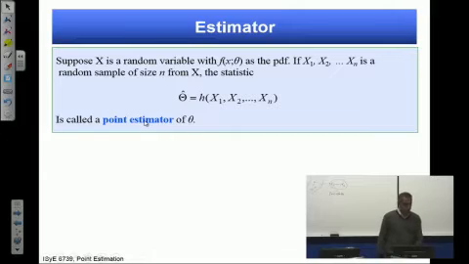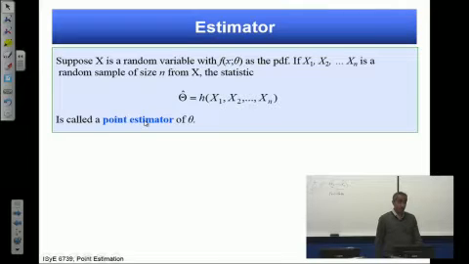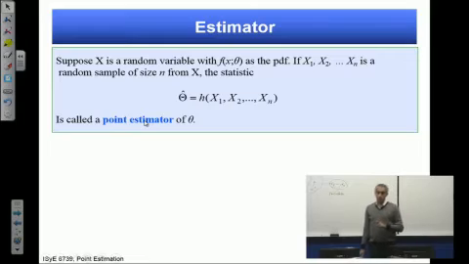Go ahead. But do we have to already suspect what the distribution is? Yes. That's a very good question. We should know what the distribution is, but we don't know the parameter of the distribution. But the question is, in reality, how do we know that?